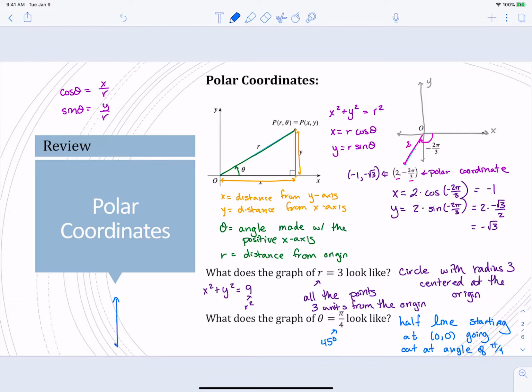So it is all of the points that make an angle from the positive x-axis of pi over 4. So it's everything on this line, that little half line.